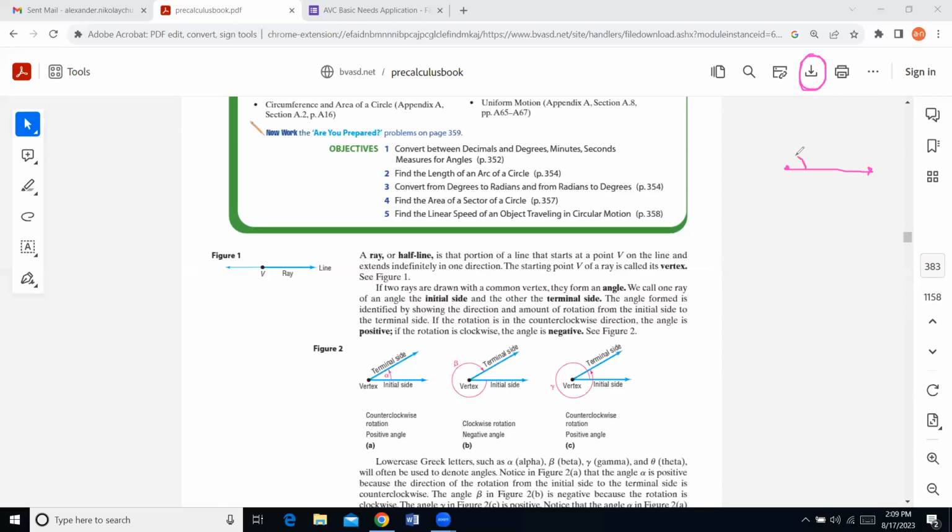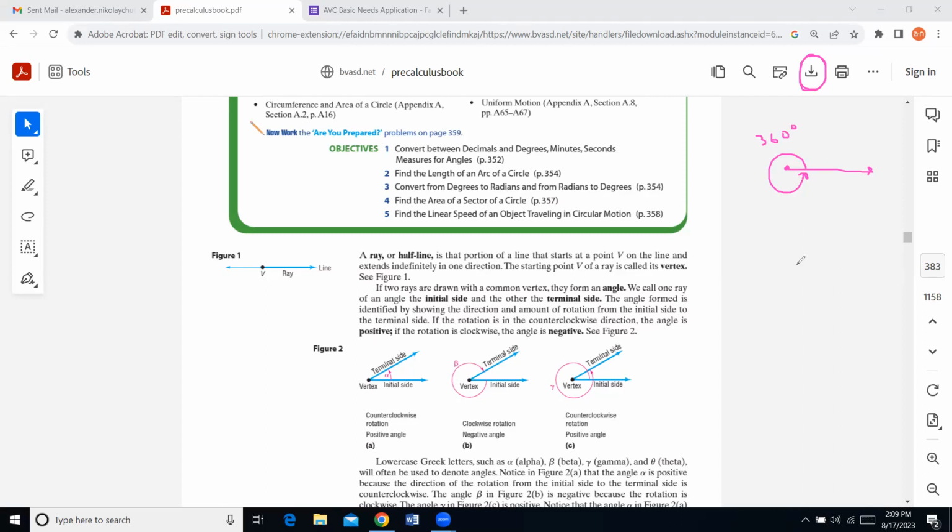So it turns out that if you rotate all the way around, that's called 360 degrees. Don't ask me why 360, why not 366 or 200? It just happened to be 360, so that's how it's defined.